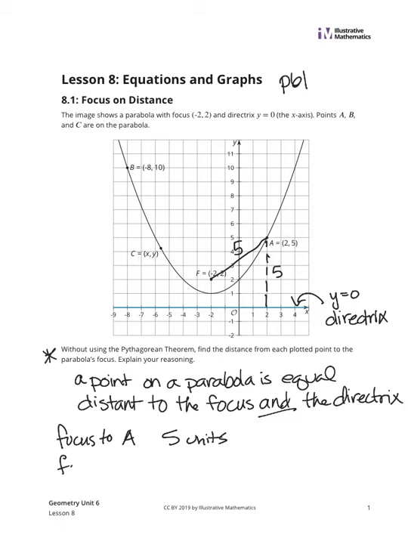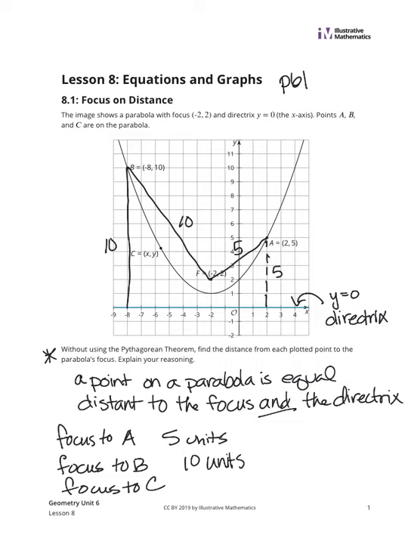So why don't you find the distance from the focus to B and the focus to C? The focus to B is 10 units from B to the directrix, so it must be 10 units from B to the focus.